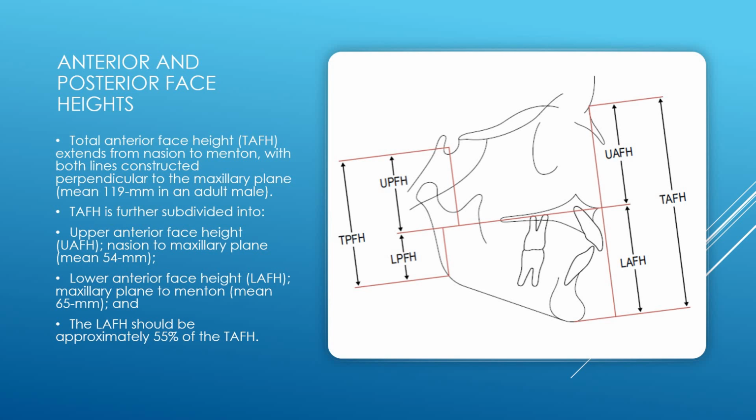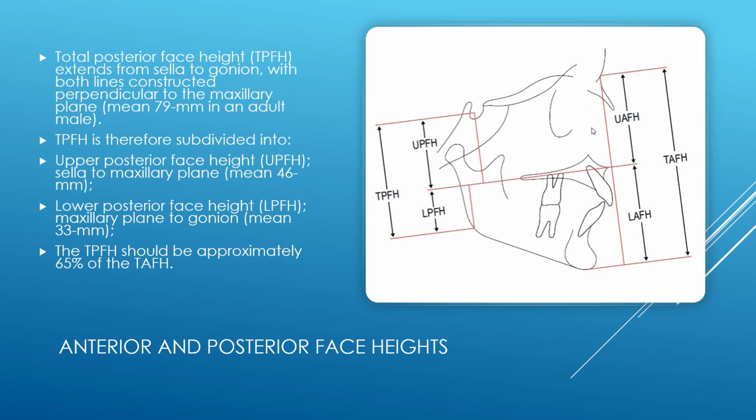Referring to the SN maxillary plane angle, we can check the relative position of sella within the cranium. This is the ratio of total posterior facial height.